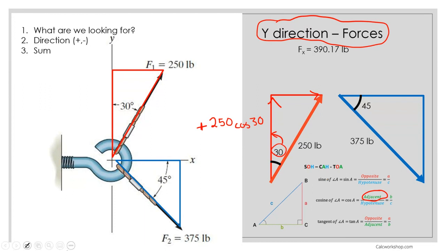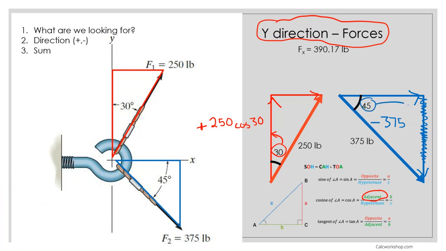Okay, now the next one. Now this is where it goes a little bit different. It's going to the right and down, and because it is going down and we are looking for the vertical direction, it is negative. Start with the weight itself, so 375.